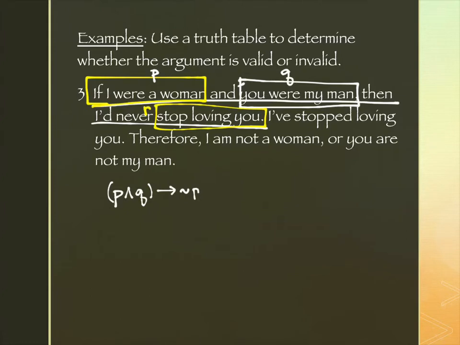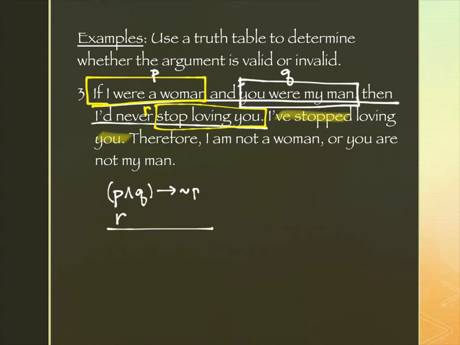The second one's not. The second one just says, I've stopped loving you. So what is I stopped loving you going to give us? R. So it's going to just be like the second line in those arguments that we did like on number 1. It's R. And my conclusion then is therefore, I am not a woman.